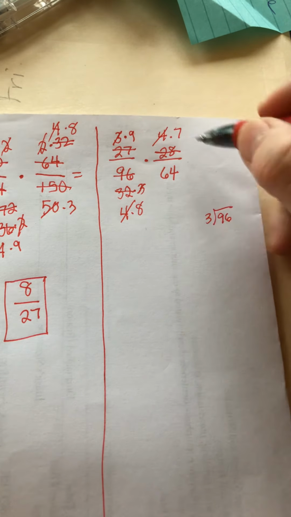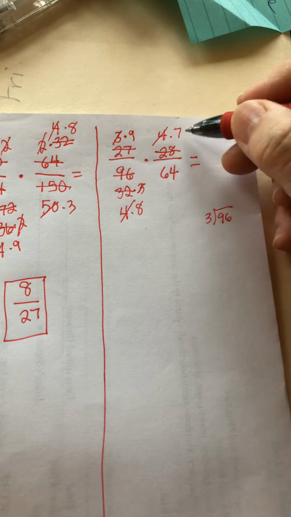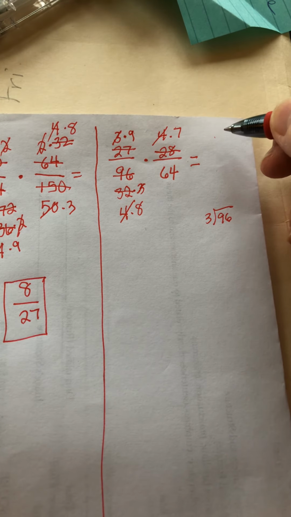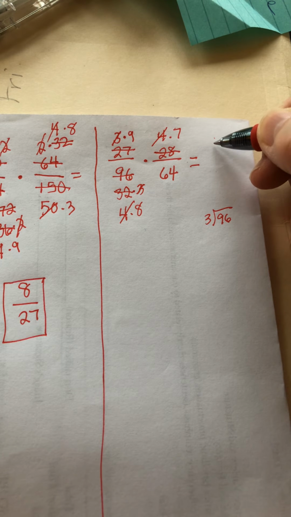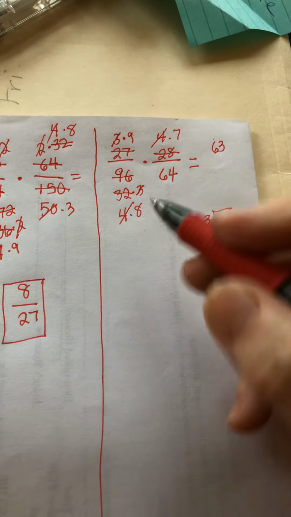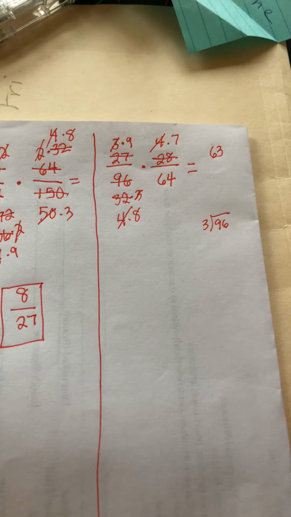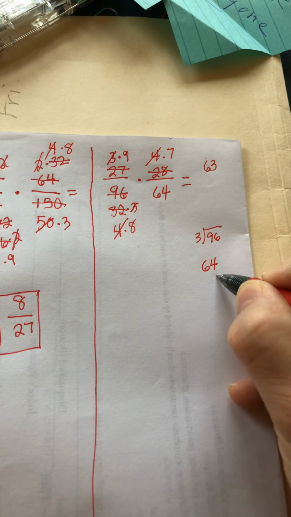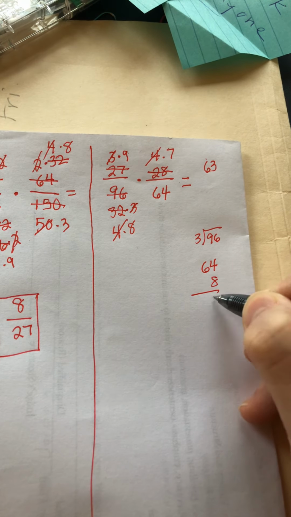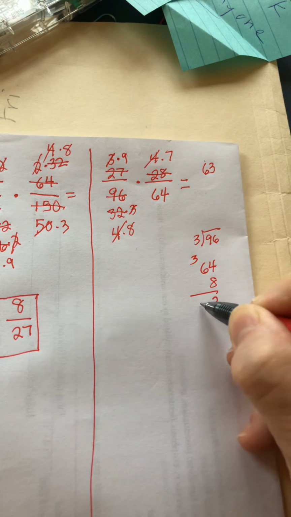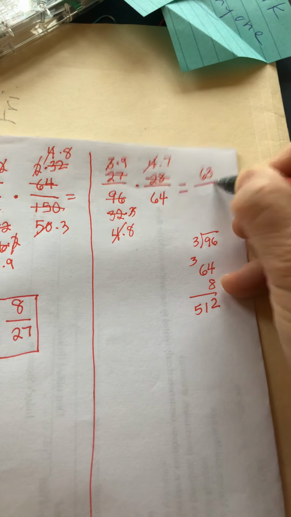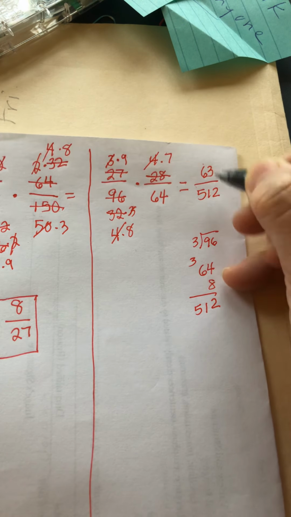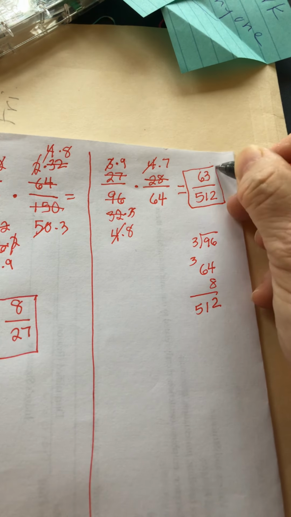So what I'm going to get, 9 times 7 is going to be 63, and 8 times 64, I'm just going to have to multiply that. And that is simplified all the way.